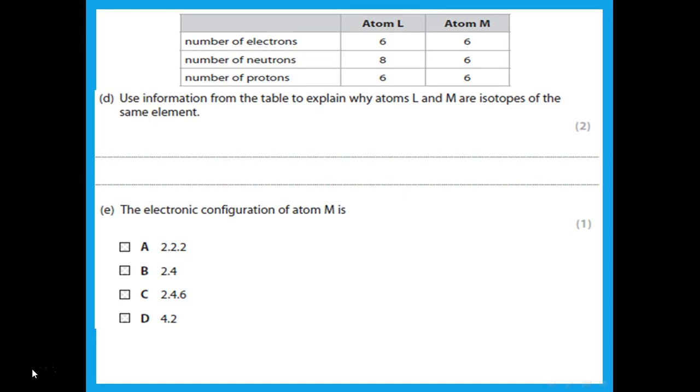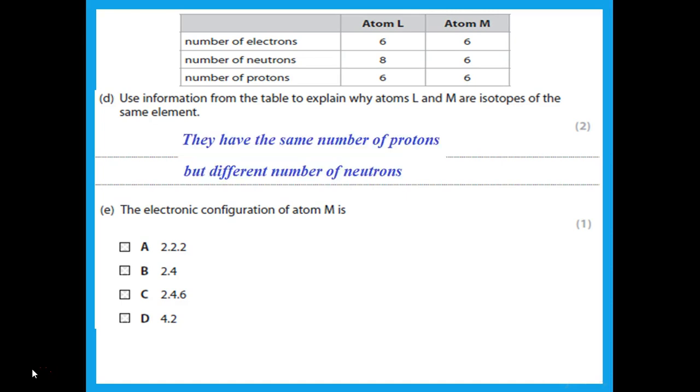This is the same table, and it says use information from the table to explain why atoms L and M are isotopes of the same element. They are isotopes of the same element because they have the same number of what? They have the same number of protons, but they have a different number of neutrons, and that is actually the definition of isotopes.